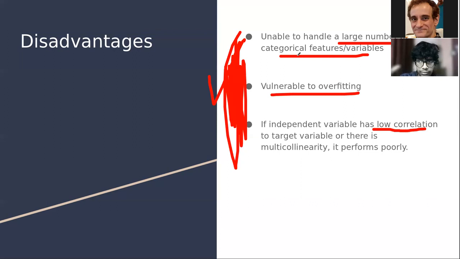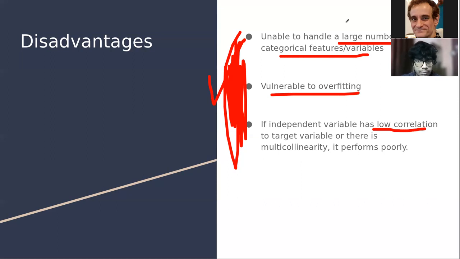If your use case matches the disadvantages, then you should not use logistic regression. So if your independent variable has very low correlation with the target variable, maybe logistic regression is not a good choice to proceed with. Try SVM, try XGBoost, try random forest classifier, but not logistic regression, right?